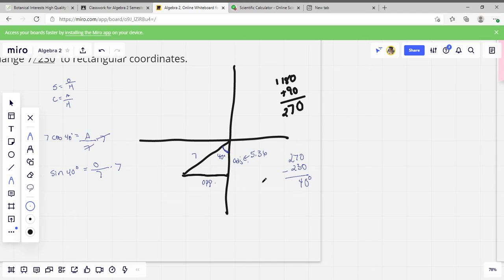So times 7. You see a pattern here? You're always going to have the sine of your angle times whatever your hypotenuse is, the cosine of your angle times whatever your hypotenuse is. So I need the sine of 40 times 7.